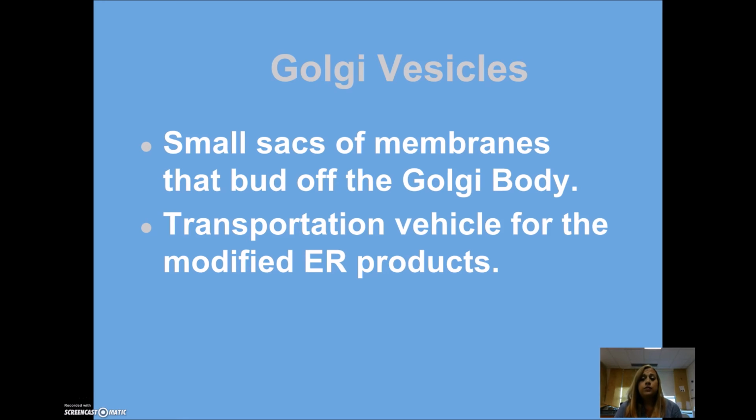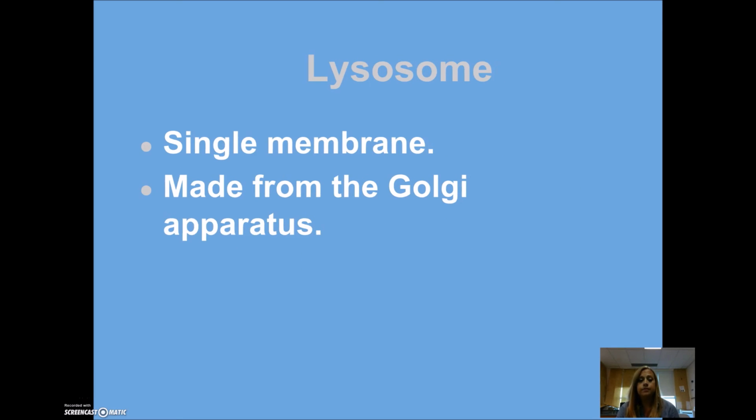There are also Golgi vesicles, which are smaller little bits of the Golgi body. These are small sacs of membrane that bud off of the main Golgi body. It's a transportation vehicle, like the mail truck taking those endoplasmic reticulum products and getting them ready for transportation.